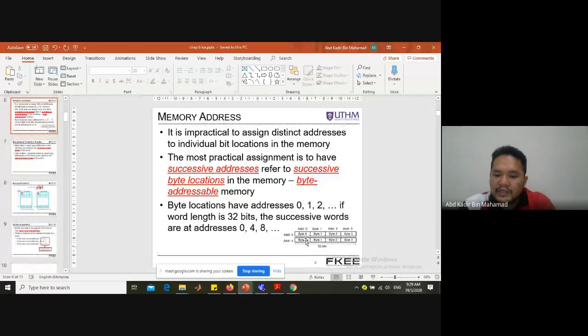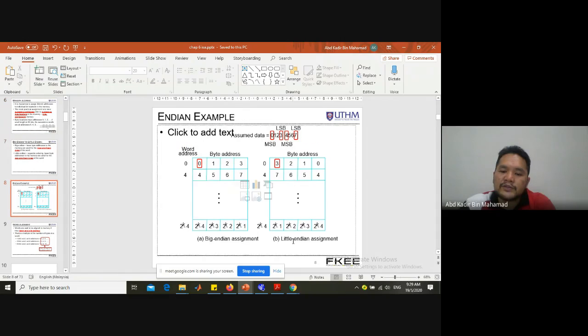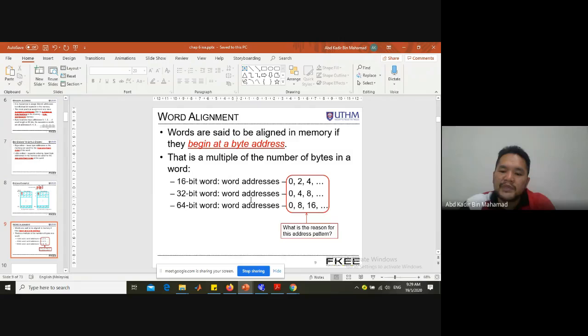You see here how they manage address 0, 1, 2, 3. The next line is 4. So 0, 4, 8, then 12.